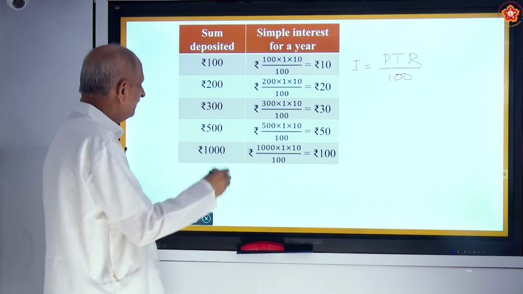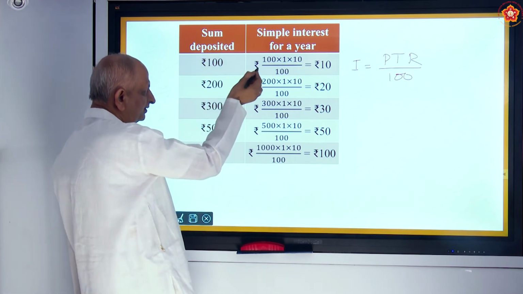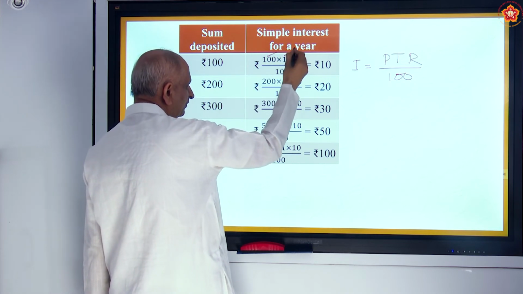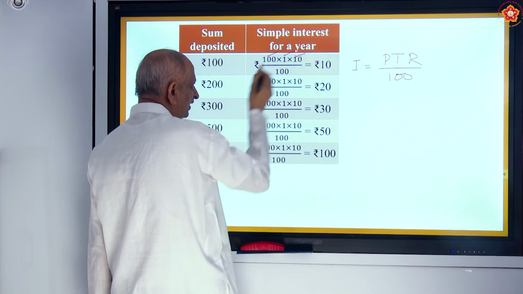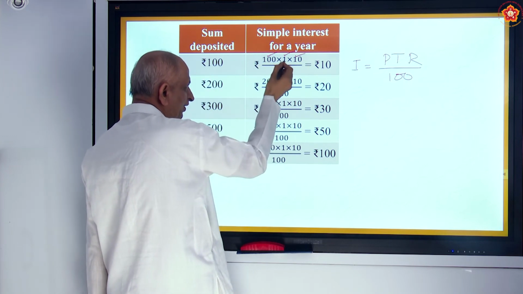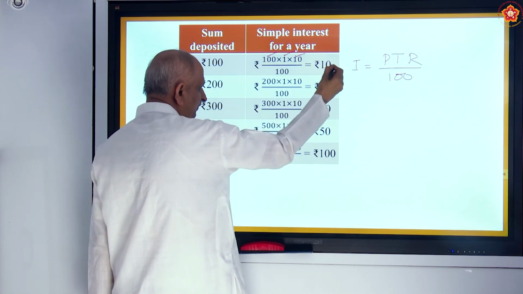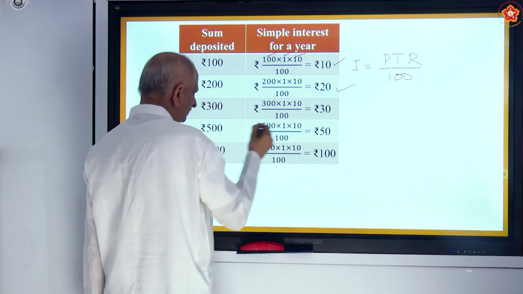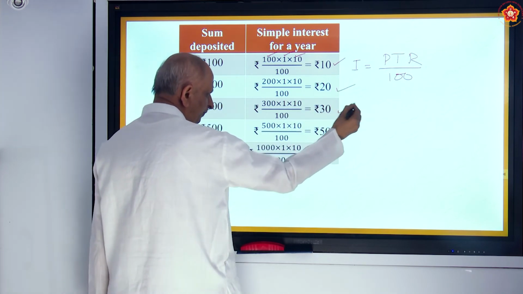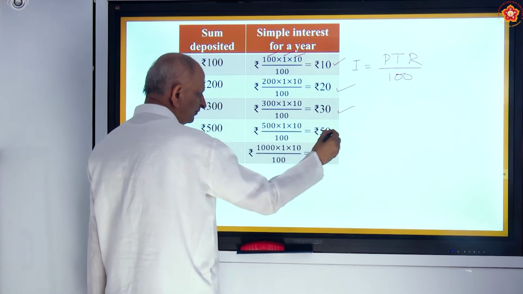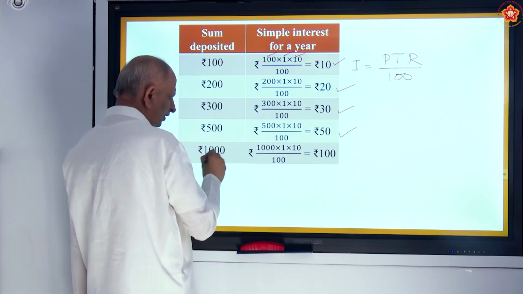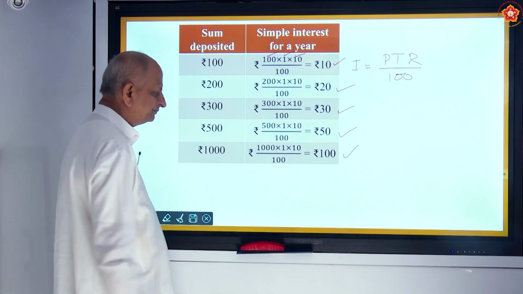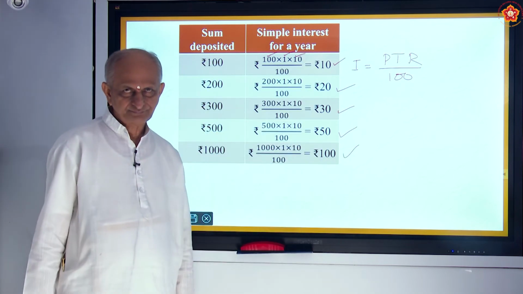For 100 rupees deposited, P is 100, T is 1 year, R is 10. So 100 into 1 into 10 by 100 is 10 rupees. For 200 rupees, 20 rupees. 300 rupees, 30 rupees. 500 rupees, 50 rupees. 1000 rupees, 100 rupees. This is the interest for 1 year.